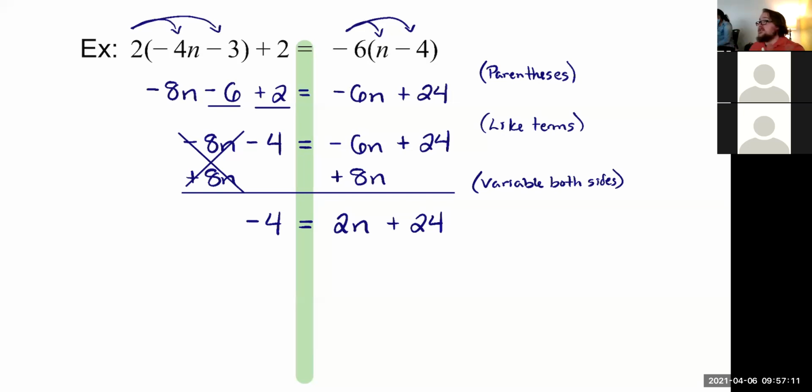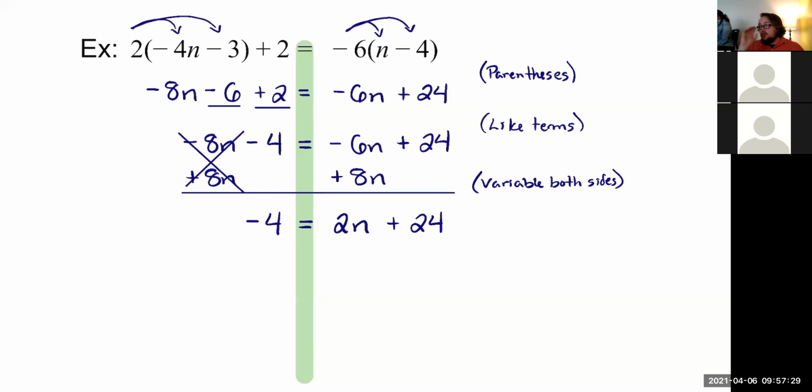Those are the only 3 new things I taught you today. Because now where we're at is just another 2-step equation, which was part of yesterday's topic. All that's left to do is to get that variable by itself.